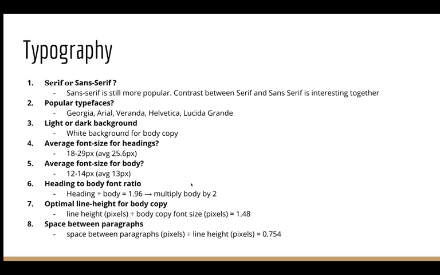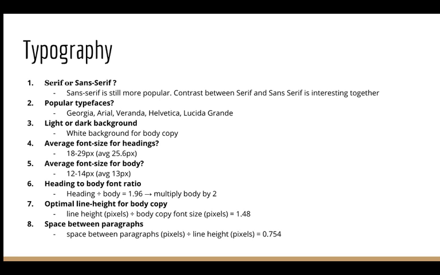And then there are actually a few different ways to calculate ratios for your line heights and things like that. But for the heading to body font ratio, you can use this rule if you want.